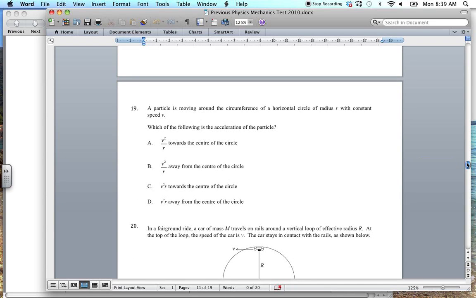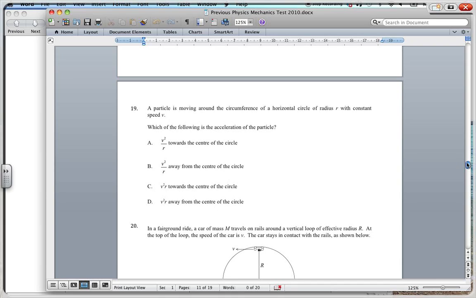All right, so here we are. A particle is moving around the circumference of a horizontal circle of radius r with a constant speed v. So it's going in a circle at a constant speed v. Obviously the velocity is changing, but this is the magnitude of the speed.